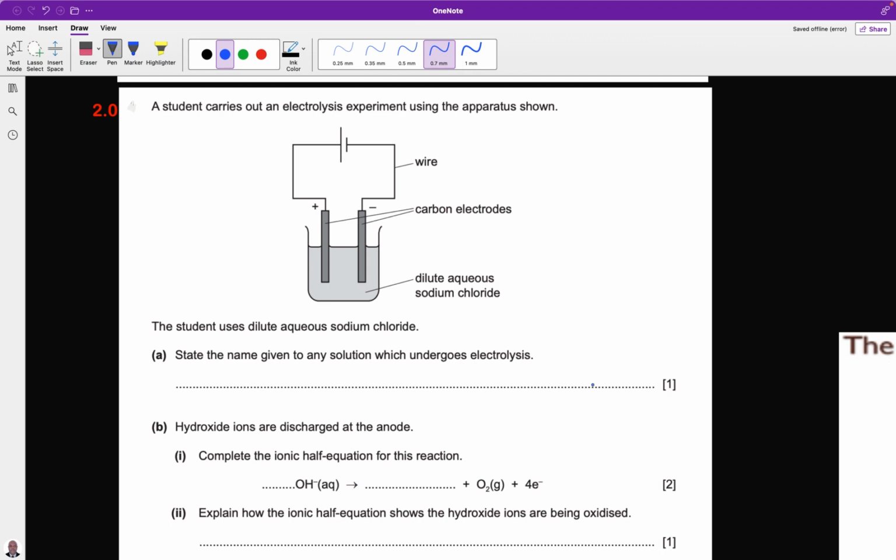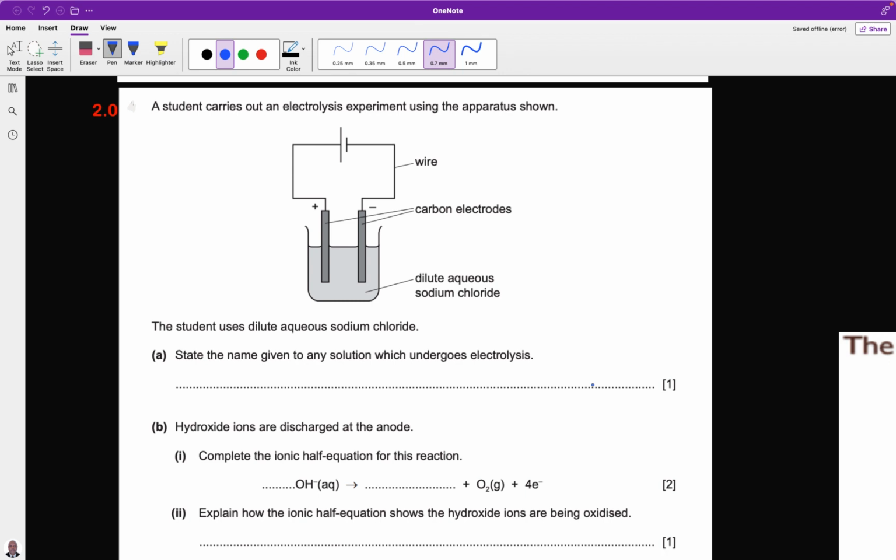The question now says, state the name given to any solution which undergoes electrolysis. For a solution to undergo electrolysis, that is the breaking down of the compound into the respective ions by passing a current of electricity through it.